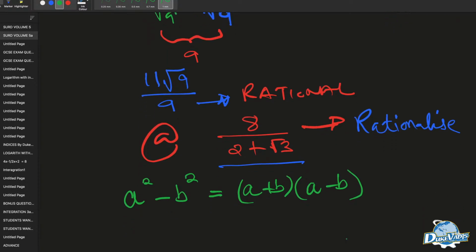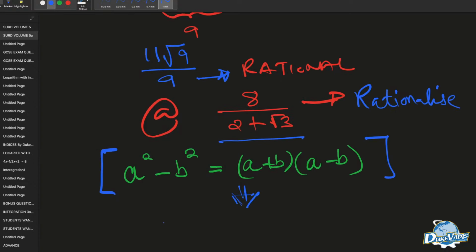This equation is called the method of two squares.